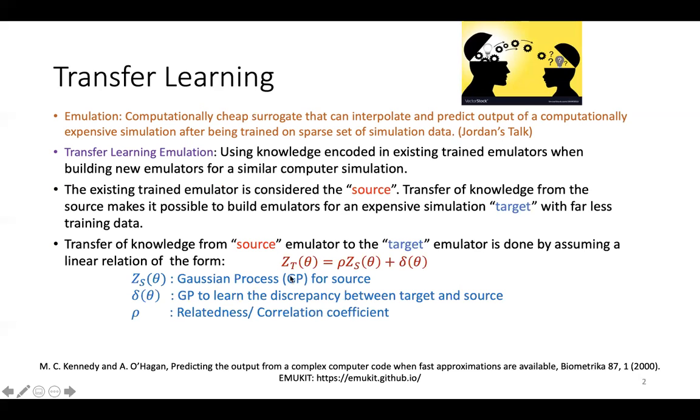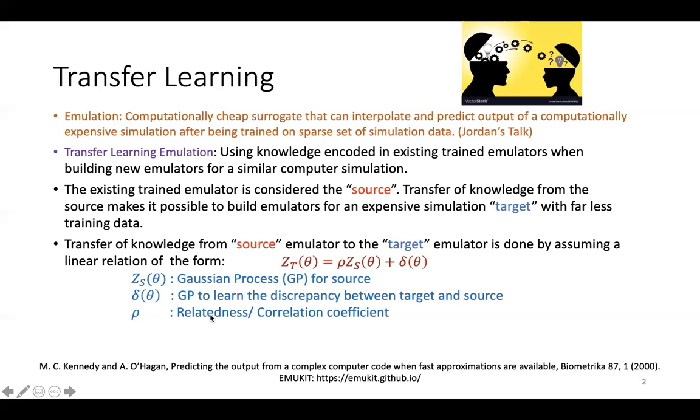The Gaussian here, Z_S(theta), is a Gaussian process for the source. This is basically an emulator that already exists for an older simulation. Then we have delta(theta), which is a discrepancy Gaussian process, which we just add here, and it is there to learn the differences between the target and the source simulation.